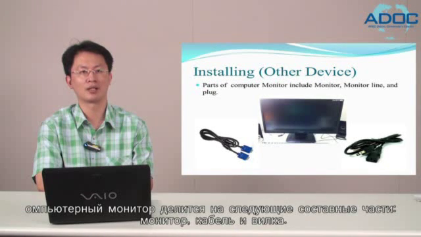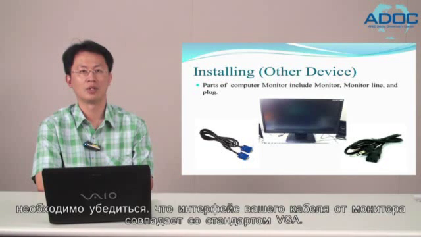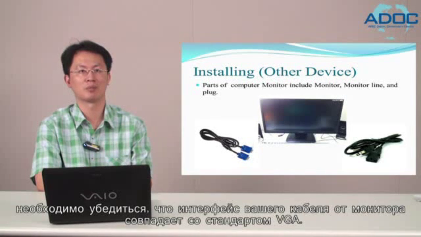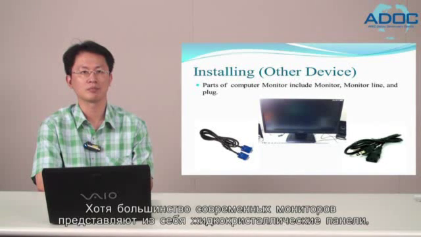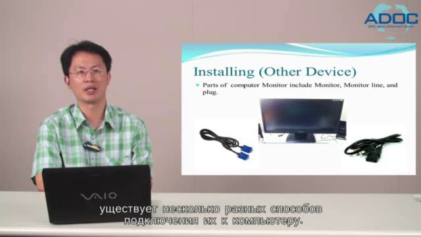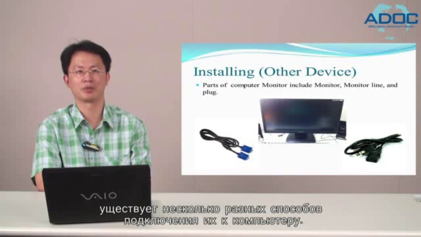Parts of computer monitors include the monitor cable and plug. We need to make sure that the interface of the monitor cable fits the VGA card. Even though most computer monitors today are LCD panels, there are still a number of different ways to connect them to your computer.